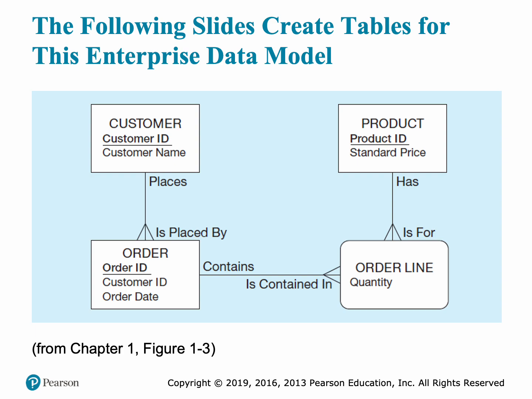The order contains order line quantity. Order line quantity is contained in the order with the order ID and product ID. Product has product ID and standard price. So product has an order line in terms of quantity.